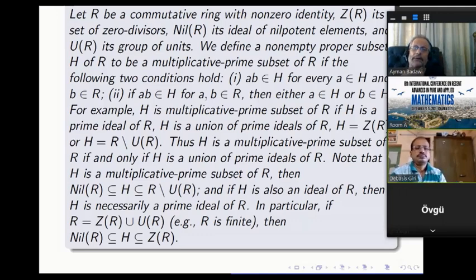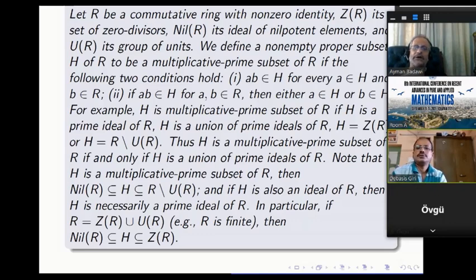But as you're going to see, H need not be the zero divisors of the ring. Not necessarily. And our goal in this paper is to include integral domains when we study graphs.